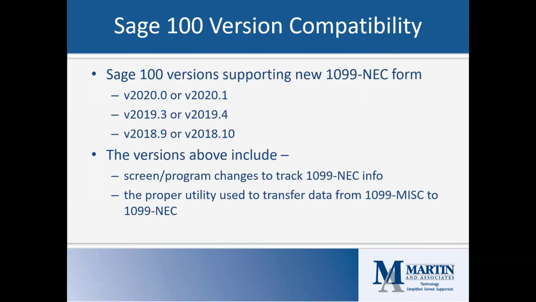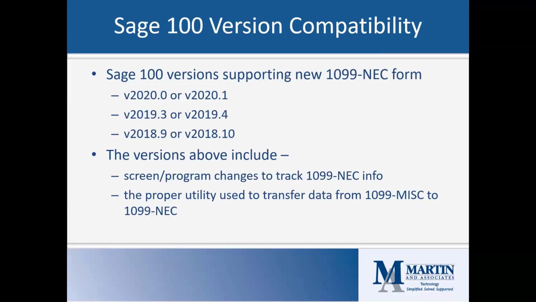Now, within each version, there are different product updates or service pack levels. So really, if you're on any version of 2020, you're able to use the NEC changes. Both the initial version of 2020 and its first product update are compatible.